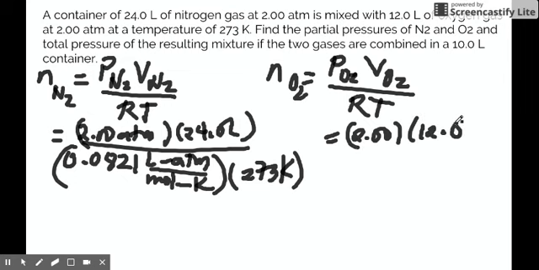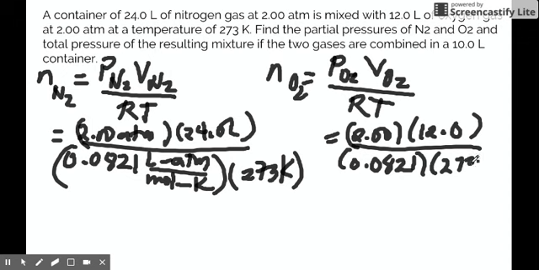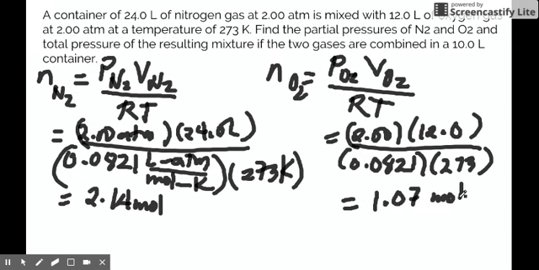Then the volume is 12.0 liters divided by R of 0.0821 and then T is 273 Kelvin. Again, as long as you're sure that what you're substituting are the right units already. So putting them all in the calculator, you will get n for N2 to be 2.14 moles, and n for O2 is 1.07 moles. I want you to check this in your calculator if my computation is correct.